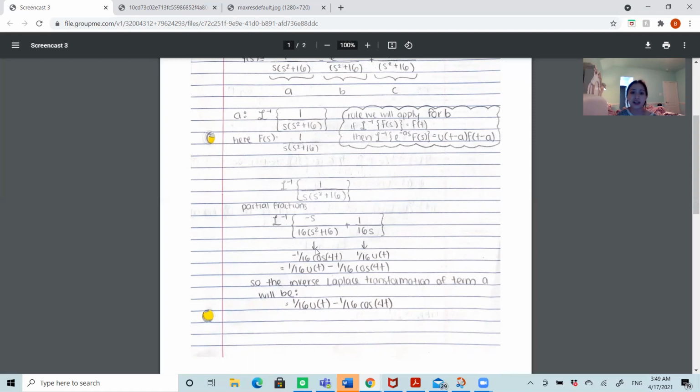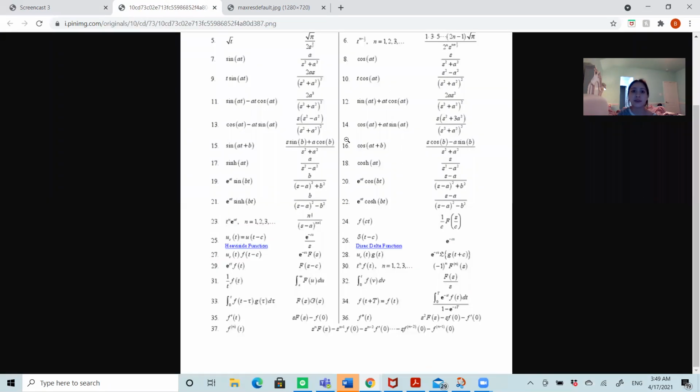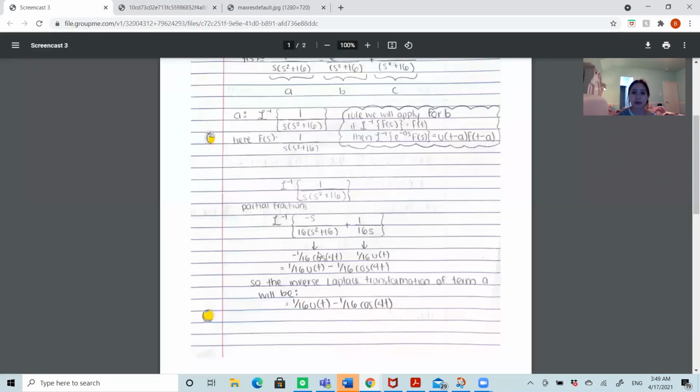So this one is just 1 over 16 cosine of 4t, as we can just factor out the negative 1 over 16, and then we will just get s over s squared plus 16. And according to the table, that is the cosine function. So that's why we put cosine right here.